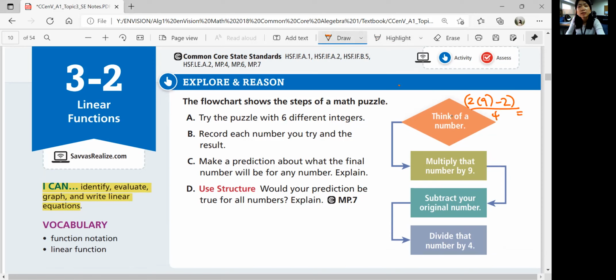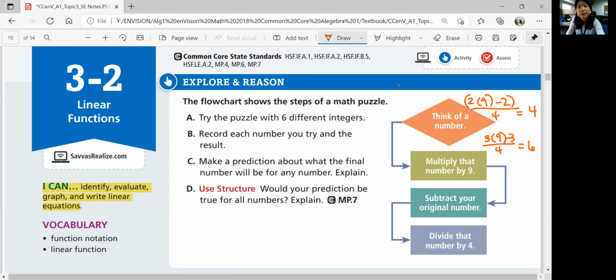So 18 minus 2 is 16, divided by 4 is 4. What about 3? 3 times 9 minus 3, all divided by 4. 27 minus 3 is 24, divided by 4 is 6.